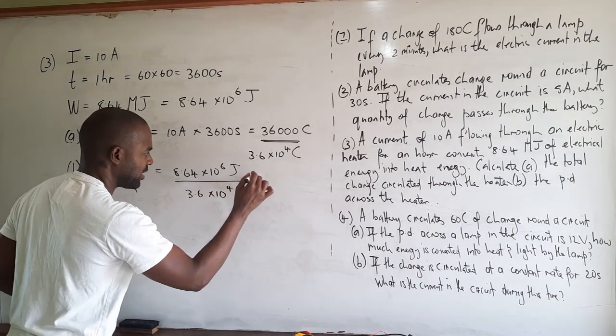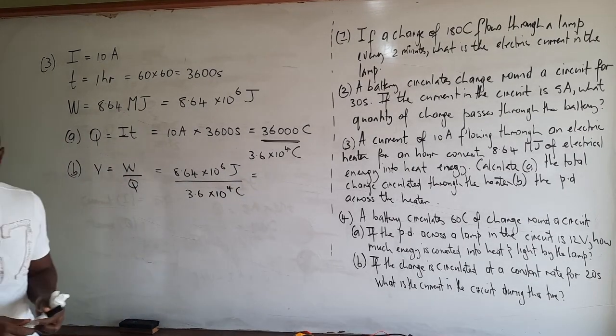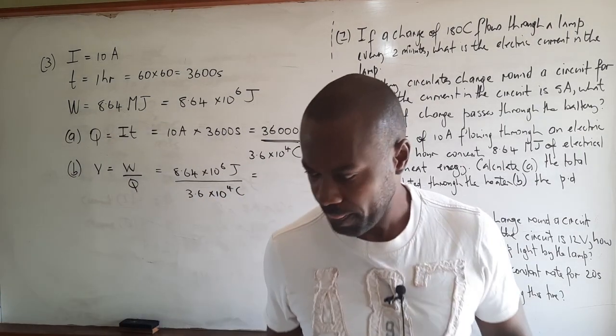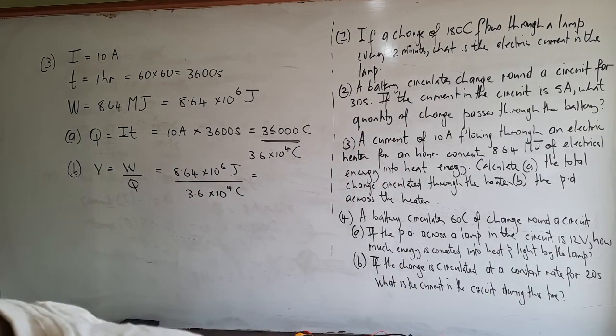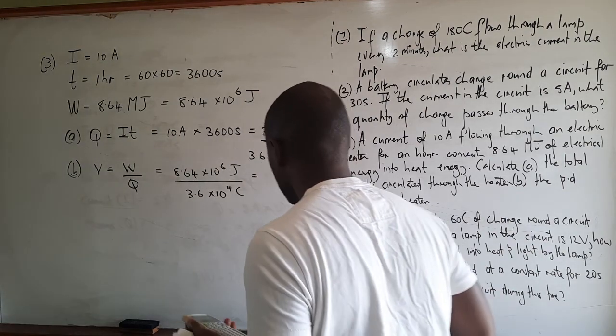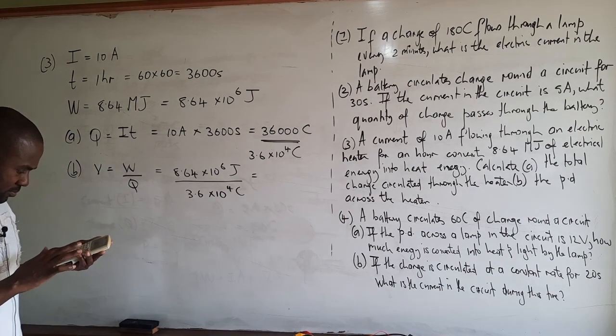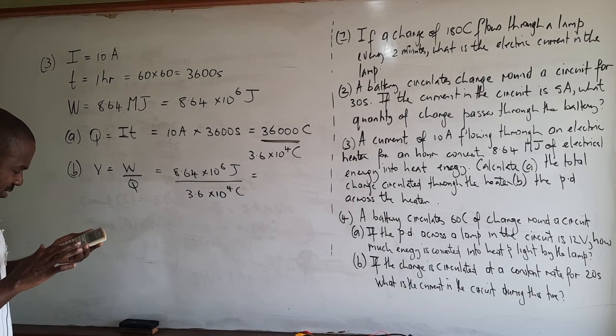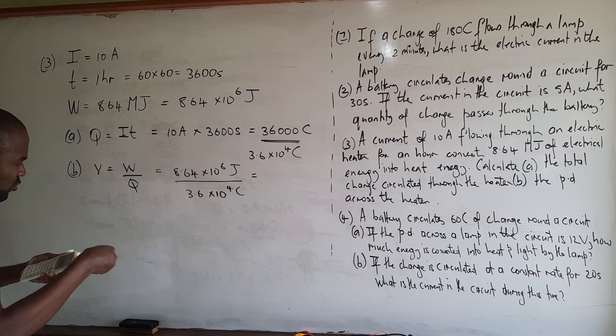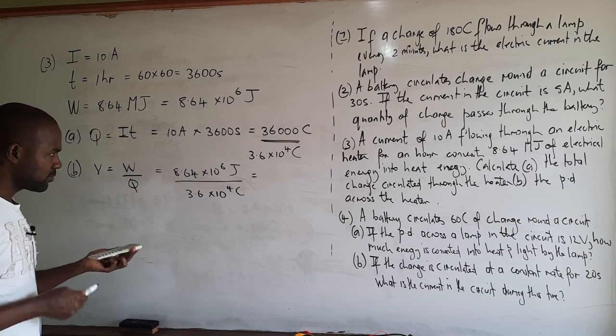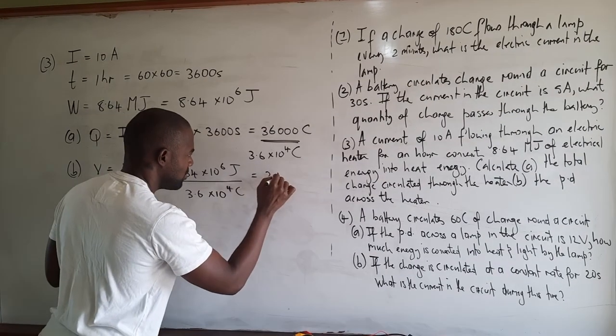We go to our calculator and work that out. We have 8.64 divided by 3.6, which gives us 2.4.